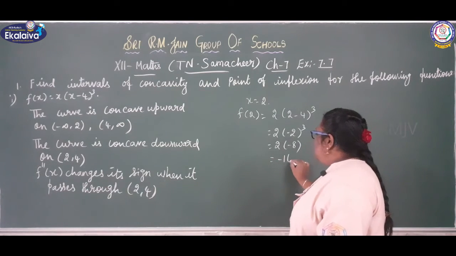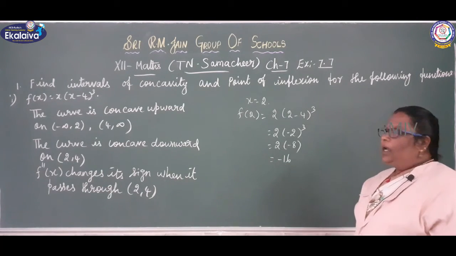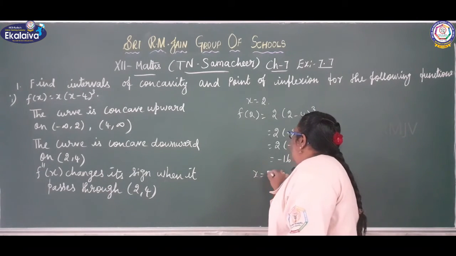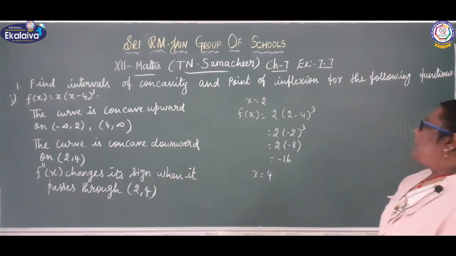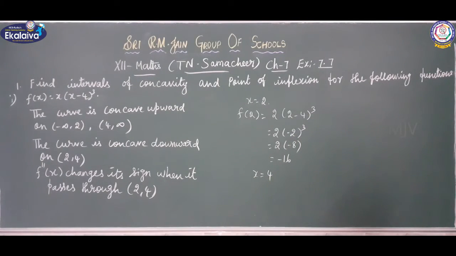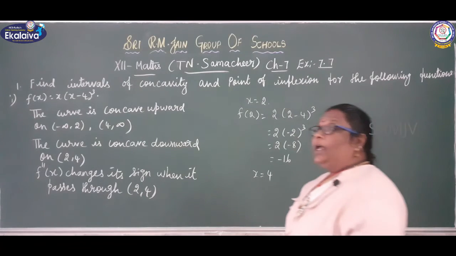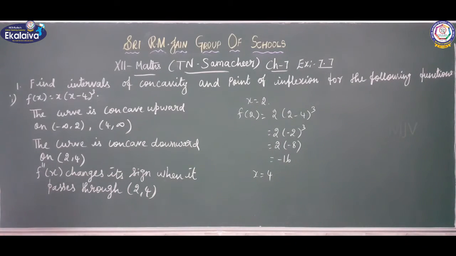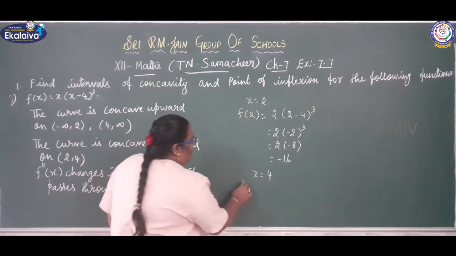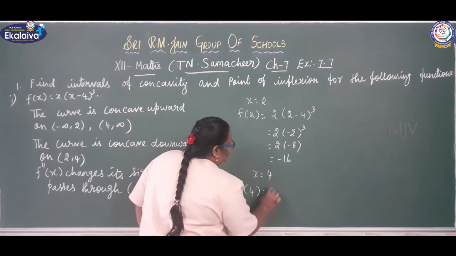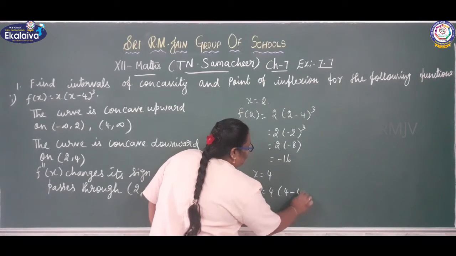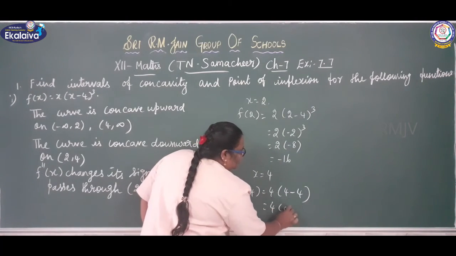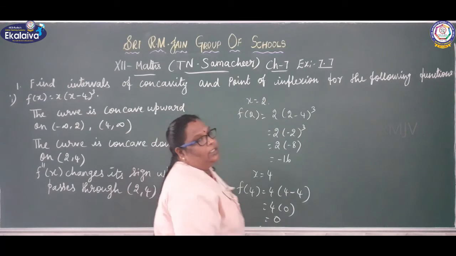So, the value is minus 16. And at x equal to 4, f of 4 equal to 4 into 4 minus 4, 4 into 0, so the value is 0.